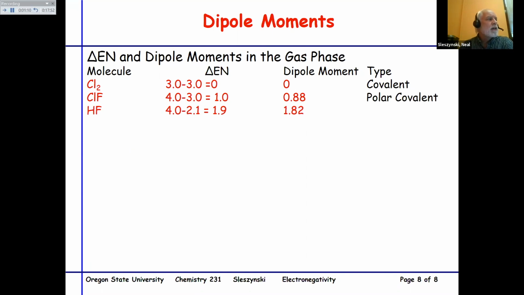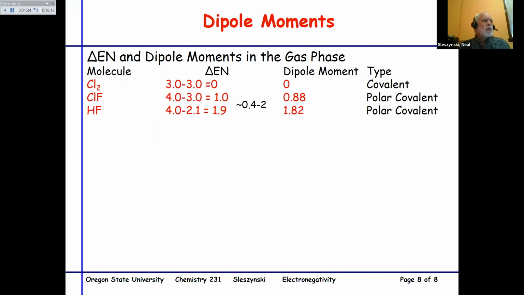If we take a look at hydrogen fluoride, a difference in electronegativity of 1.9, a dipole moment in the gas phase of 1.82. This is polar covalent, and this molecule is more polar than the previous one that we've taken a look at.